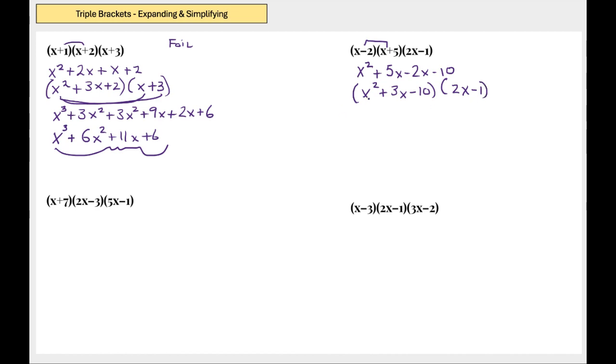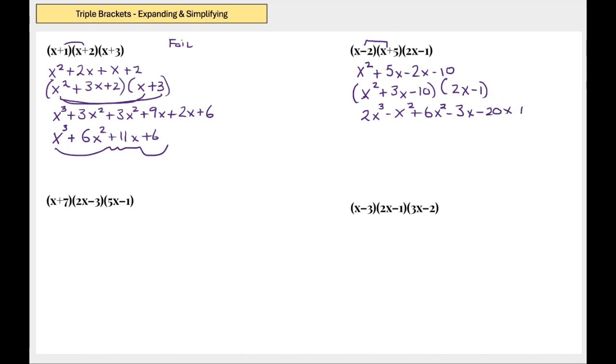And start again. So we have x squared times 2x. It's going to be 2x cubed. x squared times minus 1 is going to be minus x squared. 3x times 2x is going to be plus 6x squared, minus 3x, minus 20x.